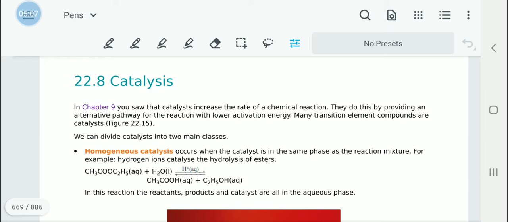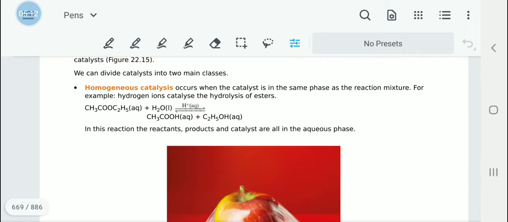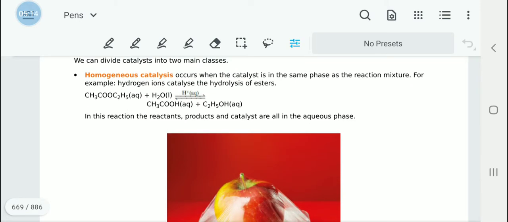Leave a line and write: there are two main classes of catalysts. Number one, homogeneous catalysis, when the catalyst is in the same phase as the reaction mixture. For example, hydrolysis of esters using hydrogen ions.